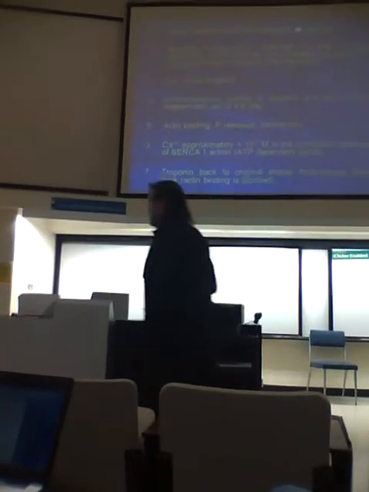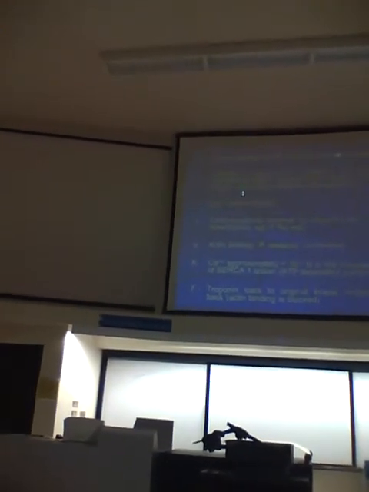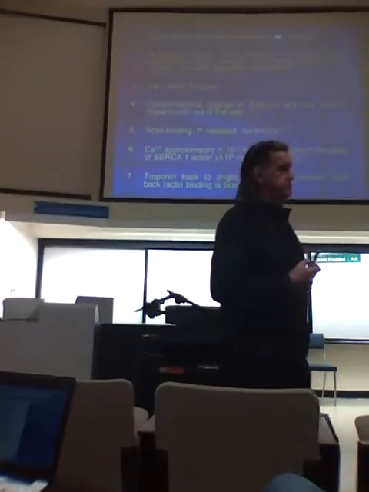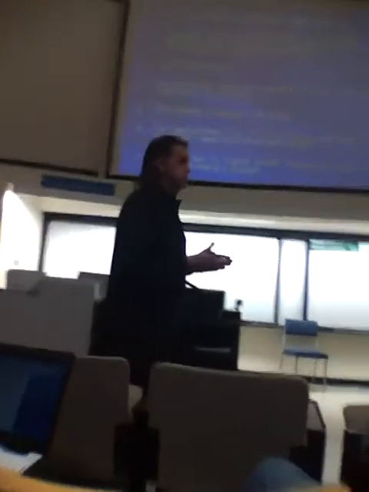You activate these L-type calcium channels on the tubular membrane, which induces calcium release from the SR via these ryanodine-type receptors, or you can call them calcium release units. So when they open up, a ton of calcium comes out of the SR. And that's their function.